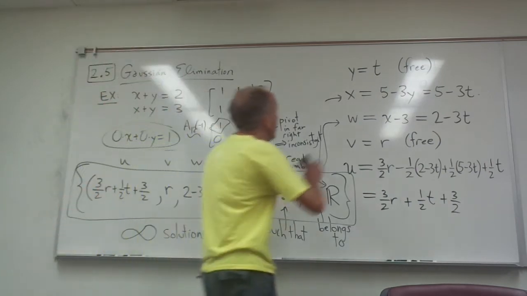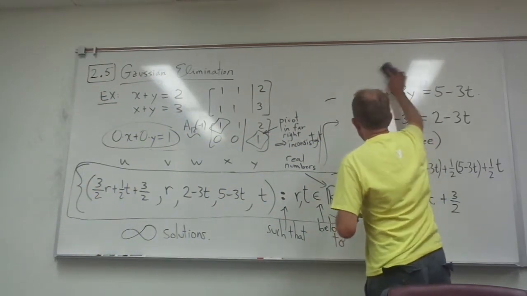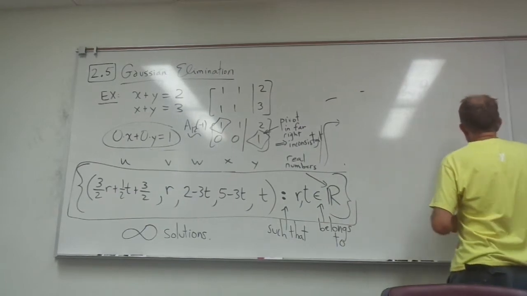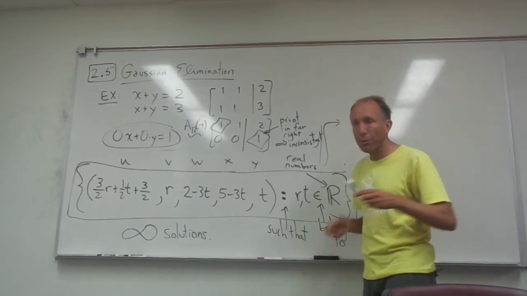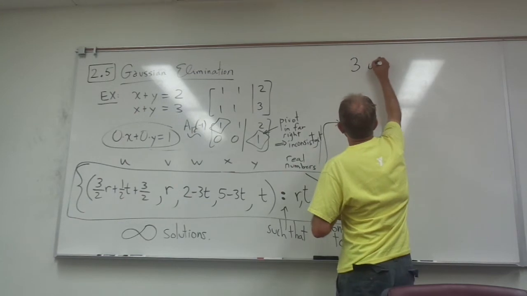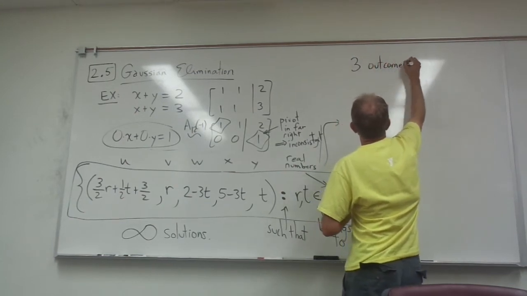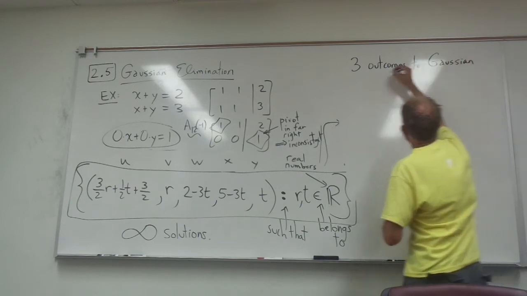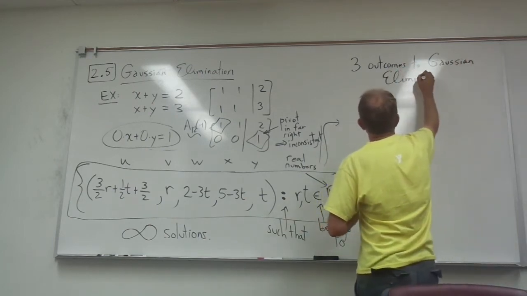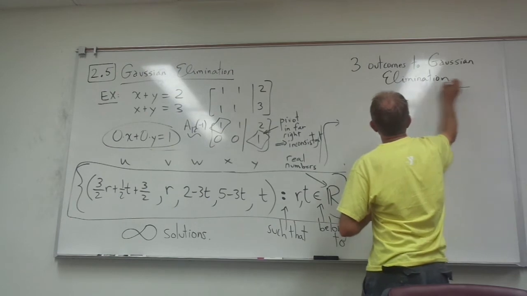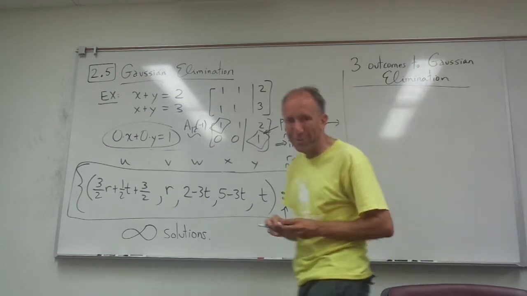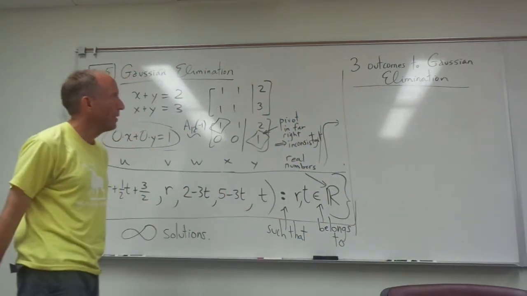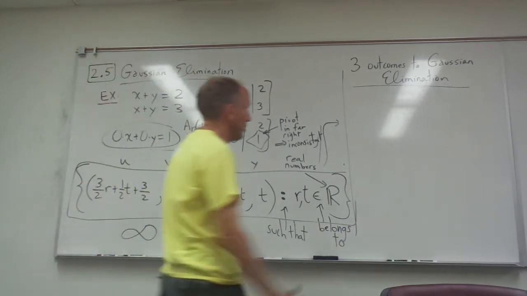So just to summarize here, there are 3 possible outcomes to this process of Gaussian elimination. And every single problem that you get asked to do, solving a linear system, is going to have one of these 3 outcomes.